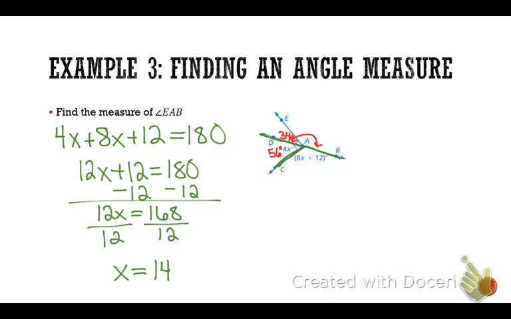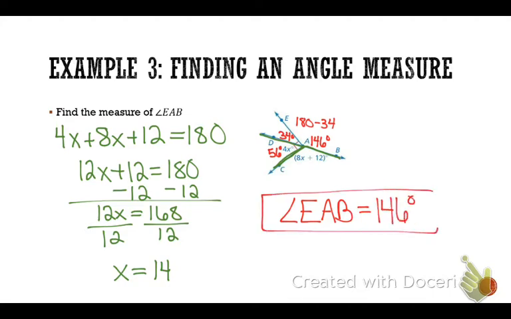Subtract it from 180. So 180 minus 34 is 146 degrees. And that is the measure. Angle EAB equals 146 degrees.